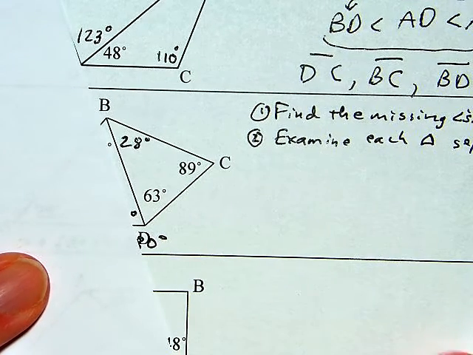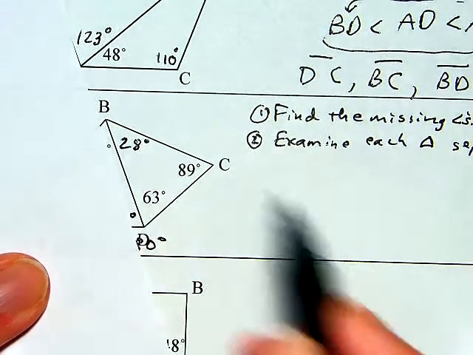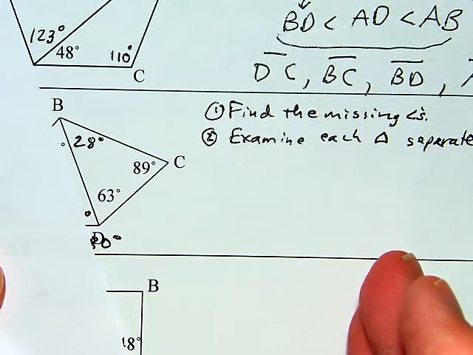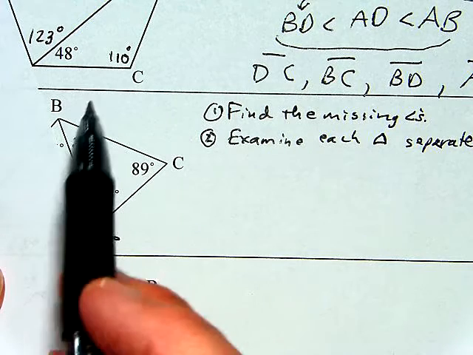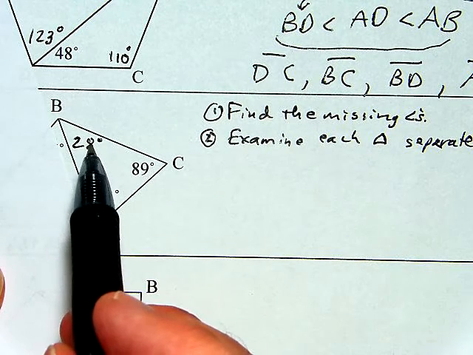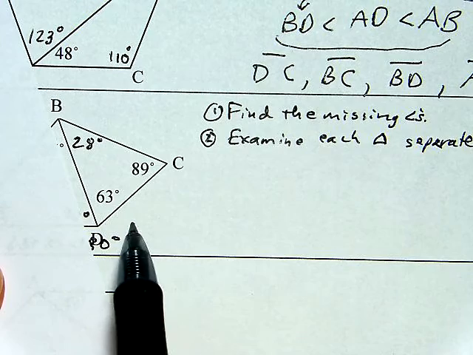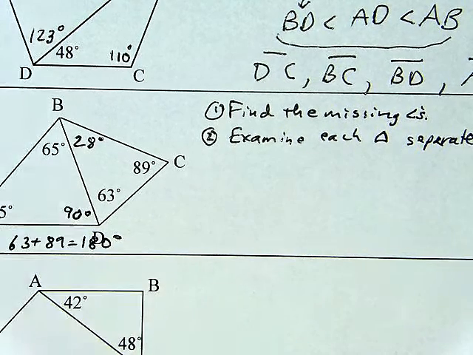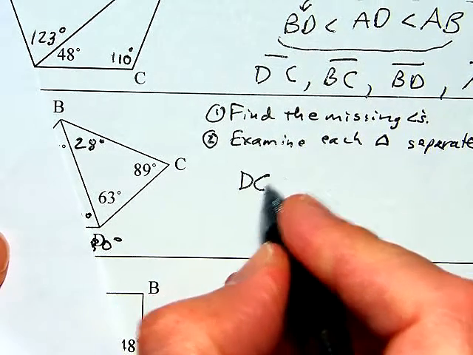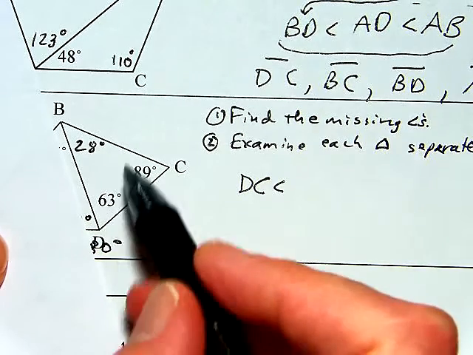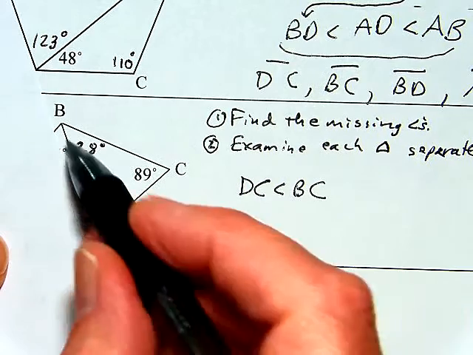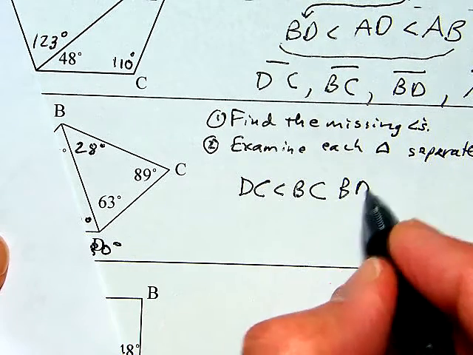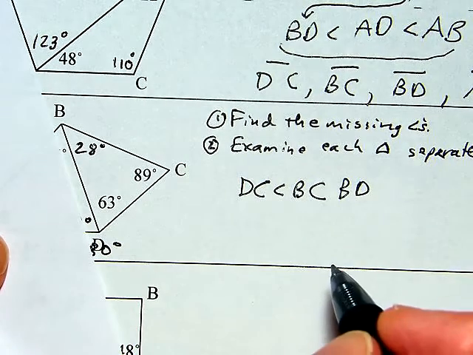So I've got triangle DBC, and I'm going to go from lowest to highest, from shortest to longest, and the shortest side has got to be opposite the smallest angle, which is 28. So DC has got to be less than the middle angle, which is 63, which is opposite side BC, which is going to be less than BD, which is opposite the largest angle.